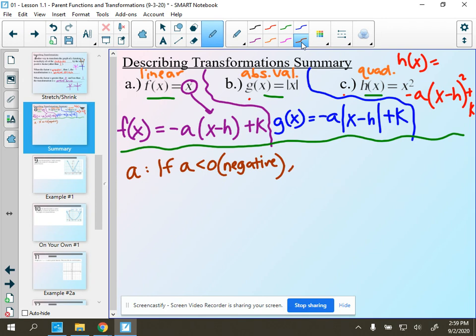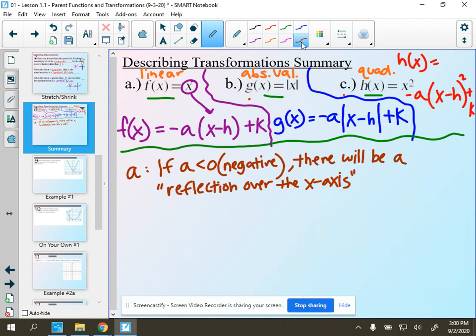If a is less than 0, there will be a reflection over the x-axis.